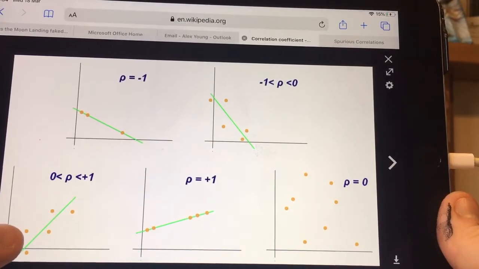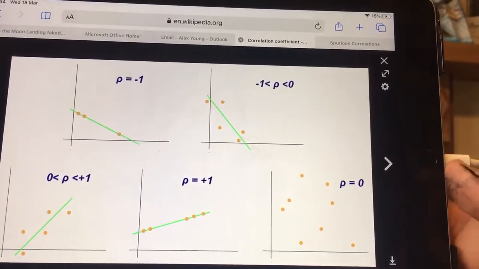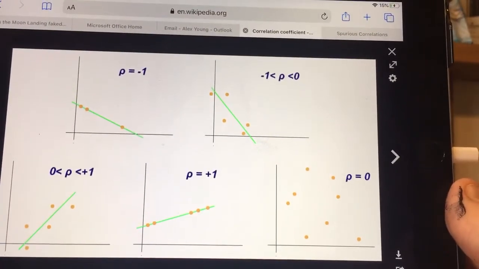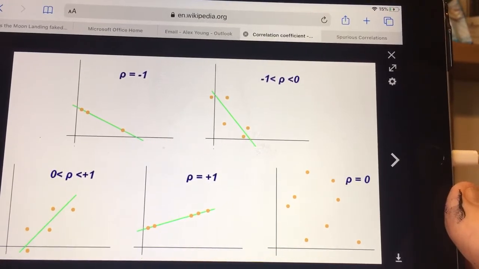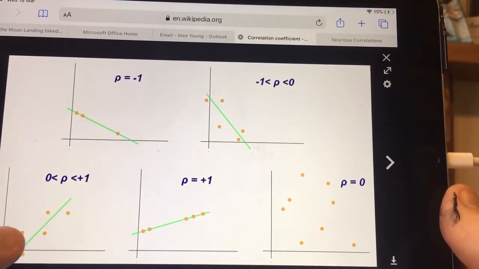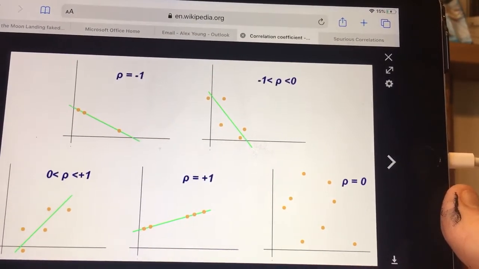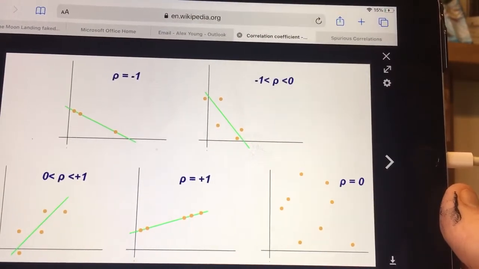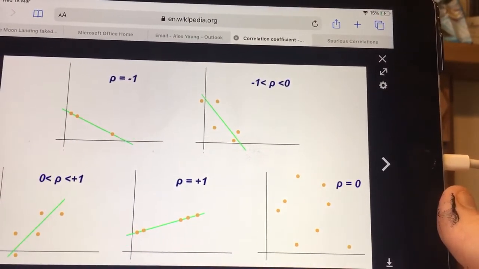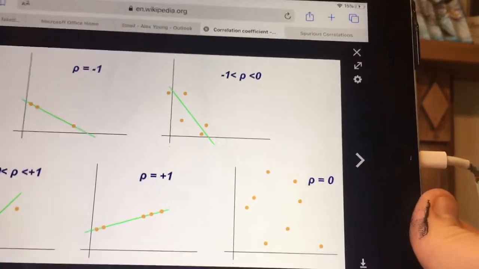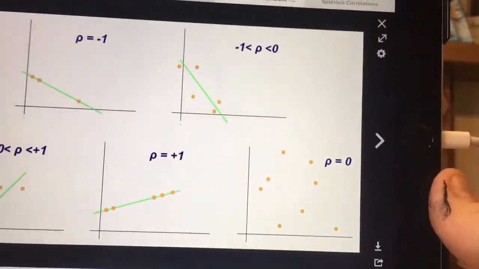Okay? So if you're going to describe how Pearson works, not how it works, why is it important? You kind of need this graph. This graph's off the Wikipedia page for Pearson, but it explains how good your line of best fit is. In GCSE, you just spoke about how your line of best fit is either positively or negatively correlated.